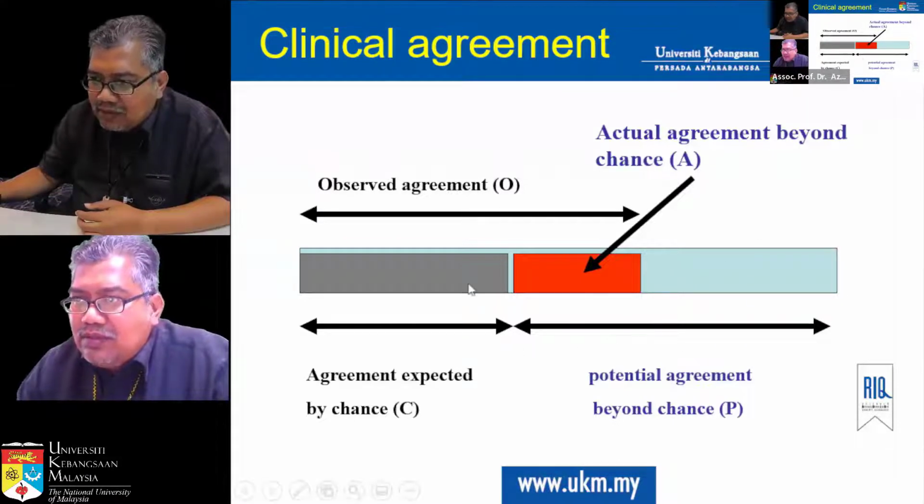So this is the expected agreement and this is the observed agreement. Observed agreement is 78%, expected agreement is 51%. So 78 minus 51, the difference, is the actual agreement beyond chance.